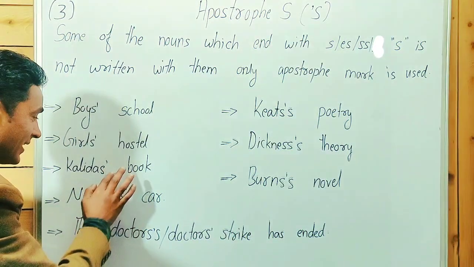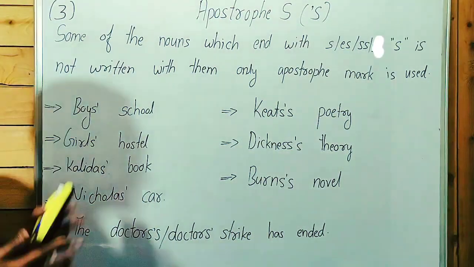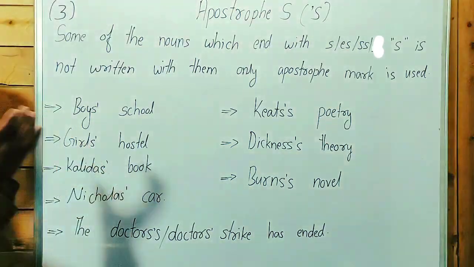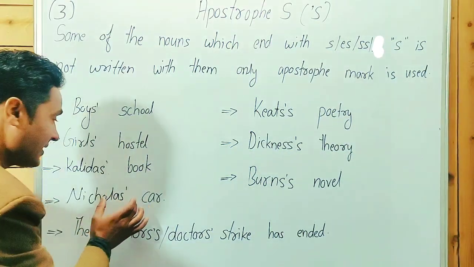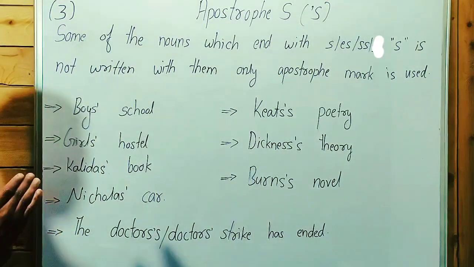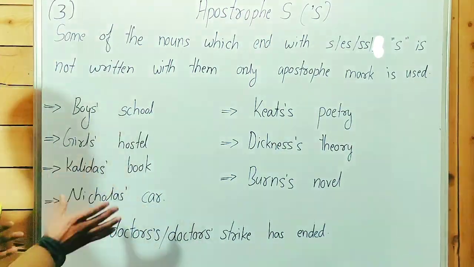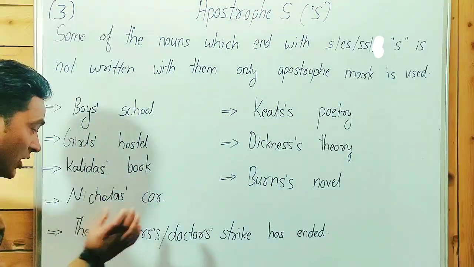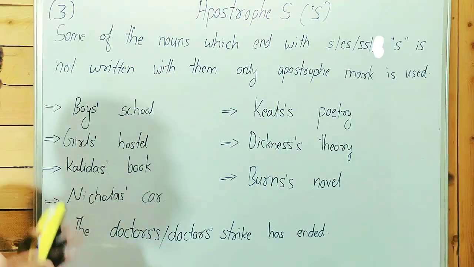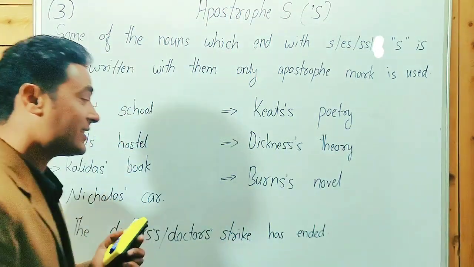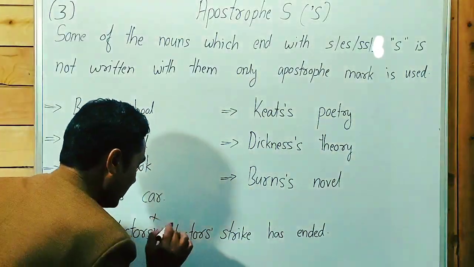No, we say Kalidas' book, not Das's book. No, Kalidas' book. Nicholas' car, not Nicholas's car. With apostrophe s. Only the apostrophe mark. Nicholas' car. Doctors. No, we don't say doctors's. We say doctors' strike. Doctors' strike has ended.